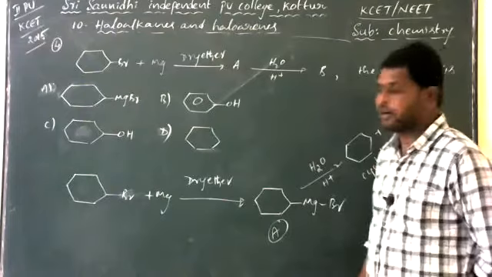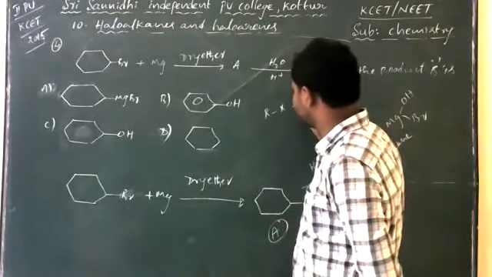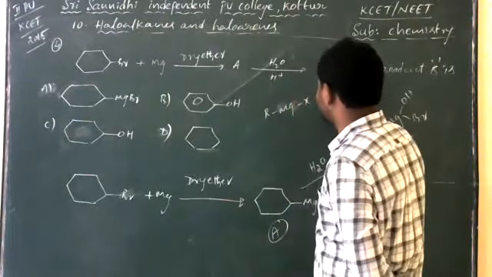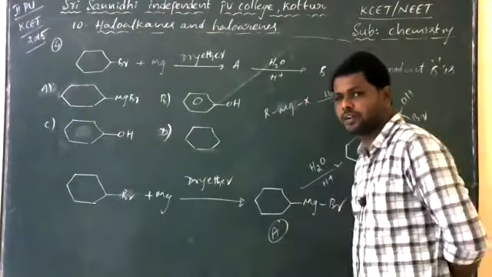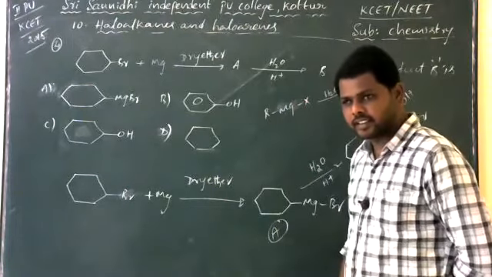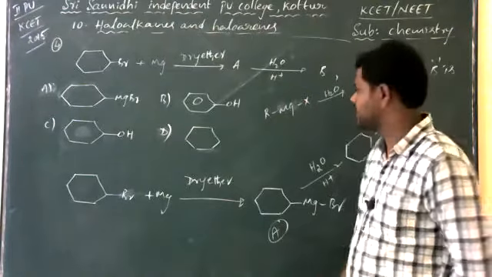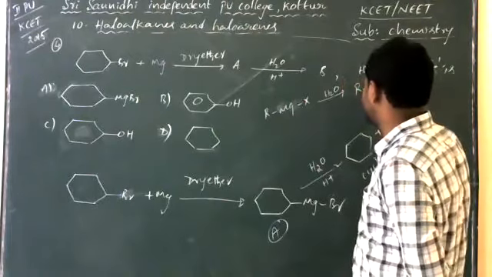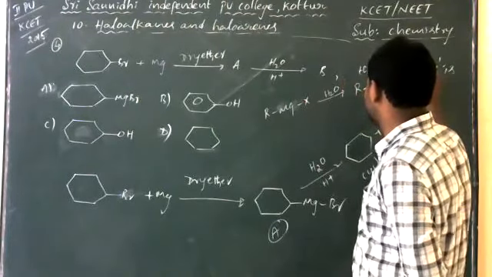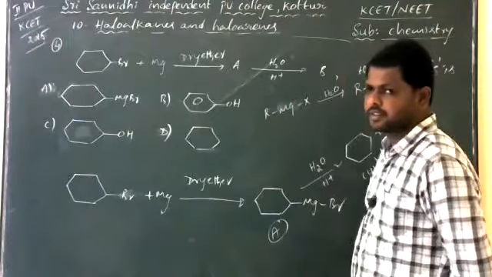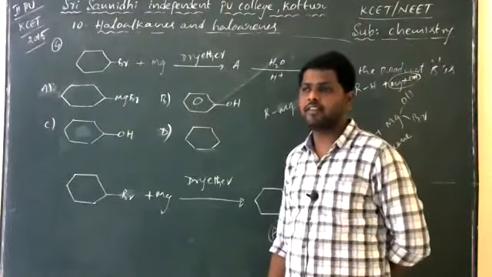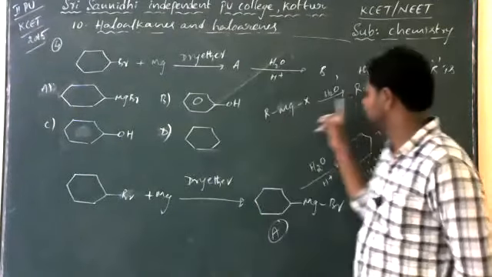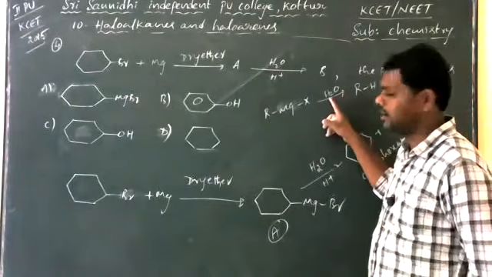One most important point: the Grignard reagent must be kept away from moisture, otherwise it is converted into an alkane through reduction. That is RH plus Mg(X)OH, which is a byproduct. So moisture must be avoided because the Grignard reagent is directly converted into alkane with moisture.